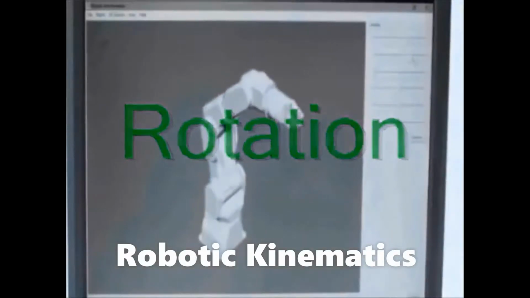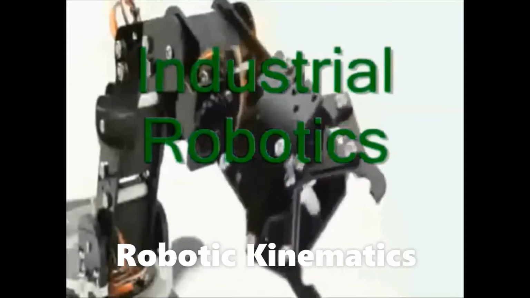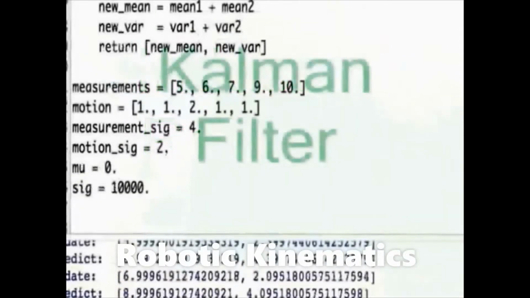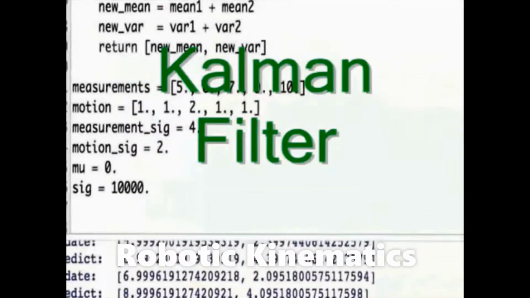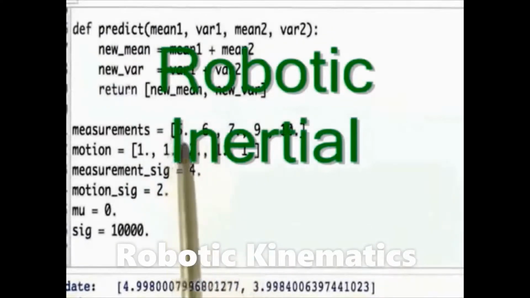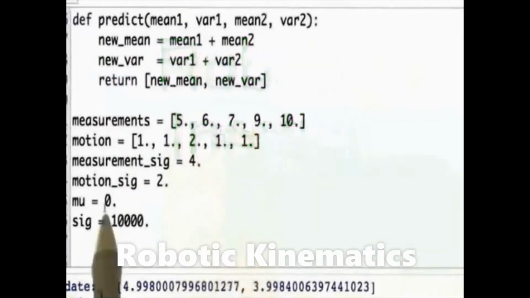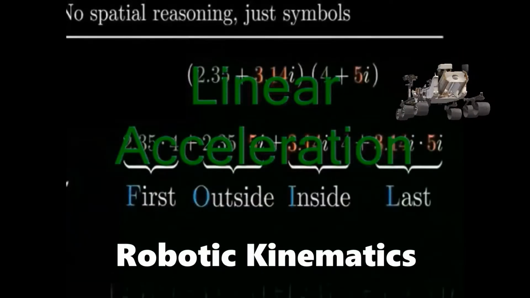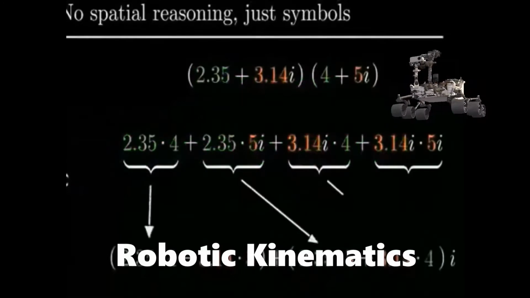A Quaternion-based Kalman filter fusing measurements gathered from robotic, kinematics, and inertial sensors at different sample frequencies in order to estimate linear accelerations and angular velocities, accelerations of load.